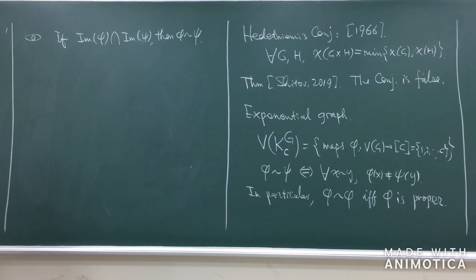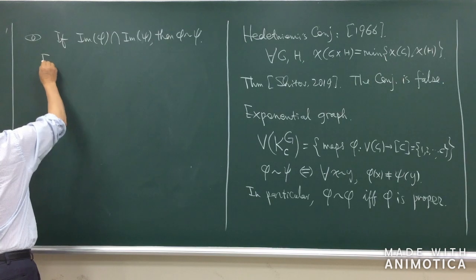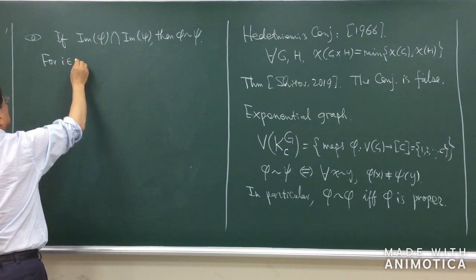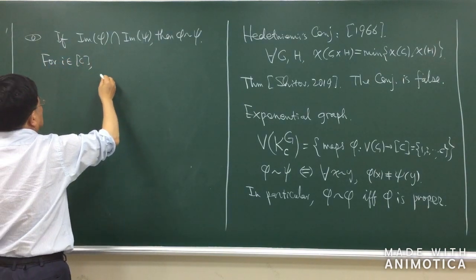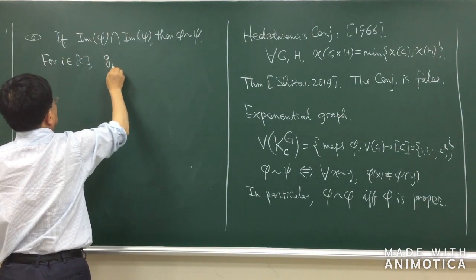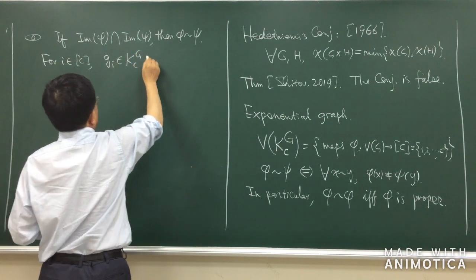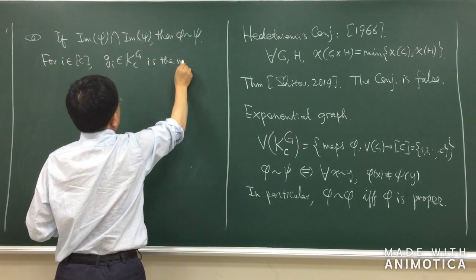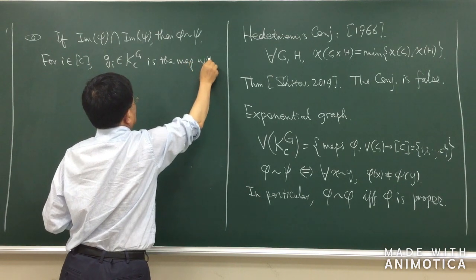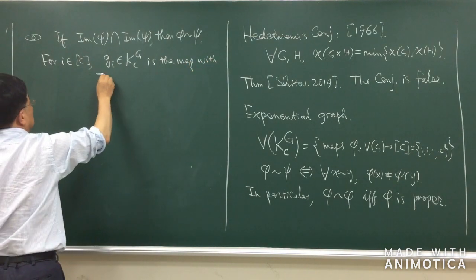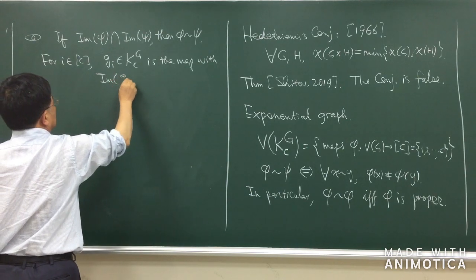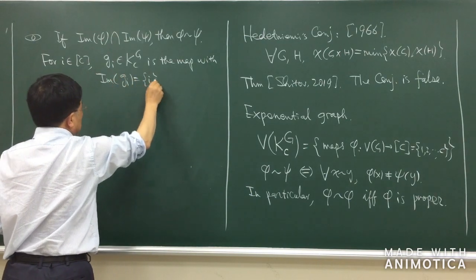Okay, so there is a set of particular maps that are very important. For i in {1, ..., c}, we use g_i to denote the map with image set {i}, which means that it's a constant map.